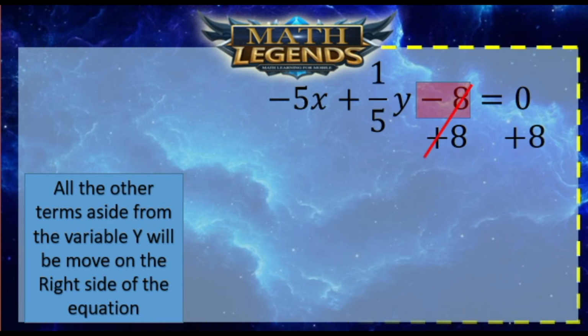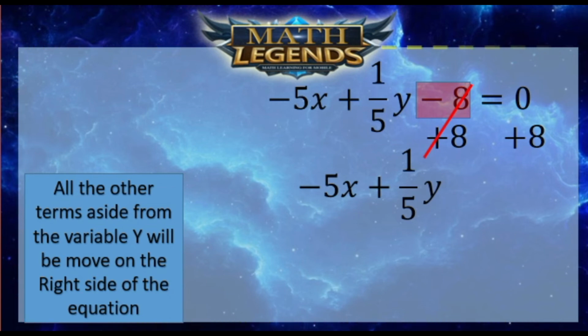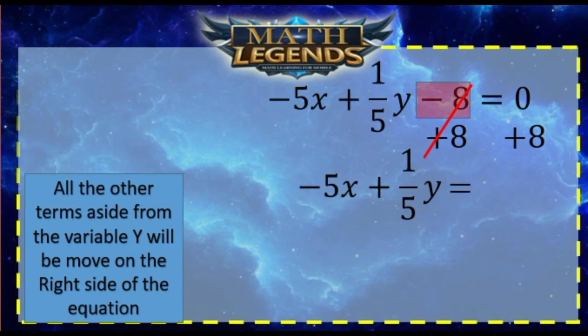We're going to cancel out negative 8 plus 8 since it will become 0. So therefore, on the left side, we still have negative 5x plus 1 over 5y is equal to 0 plus 8, that is equivalent to positive 8.